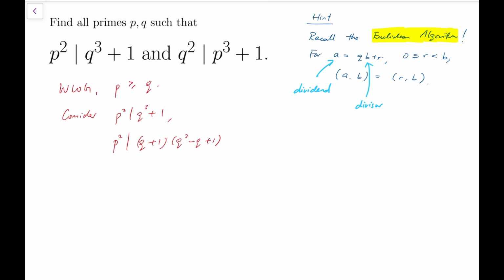Then the GCD of a and b, GCD, the full name is the greatest common divisor, of a and b is actually equal to the greatest common divisor of r and b.